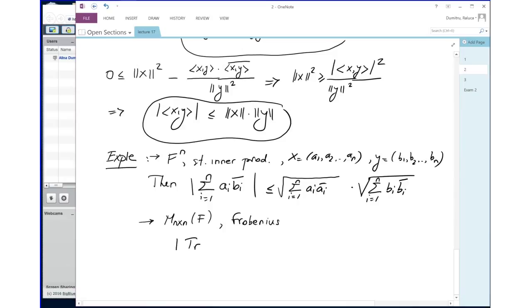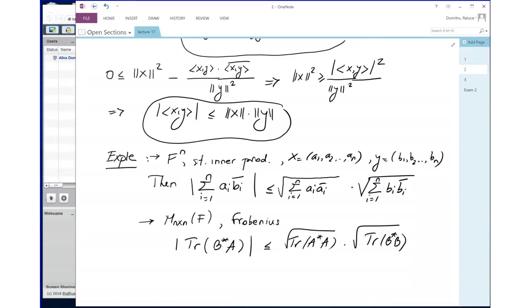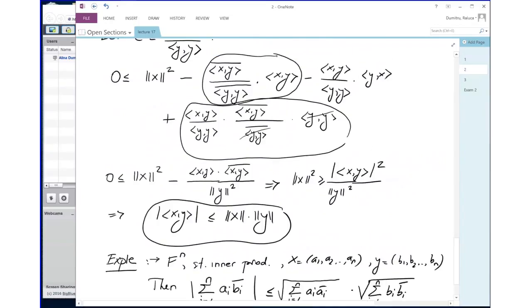The magnitude of the trace of B star A, where X is A and Y is B, is less than or equal to the trace of A star A to the 1/2 and the square root of the trace of B star B. Okay, so you can translate it into different things depending on the vector space you're working on and the actual inner product that you're using on that vector space.